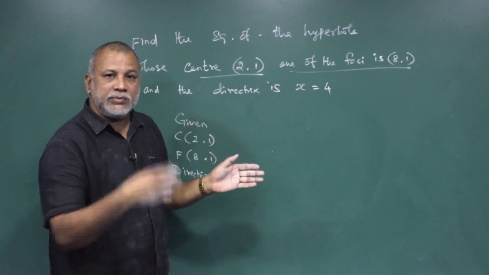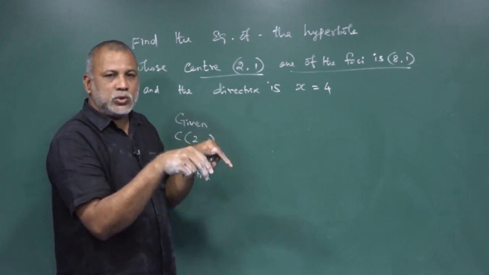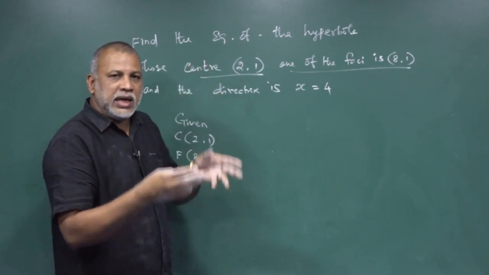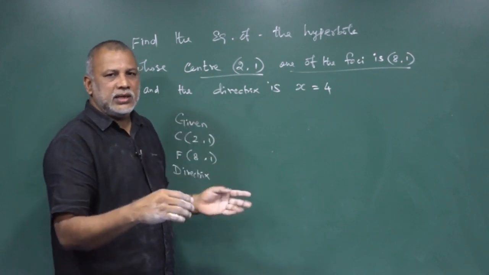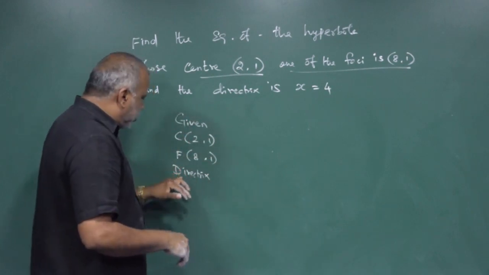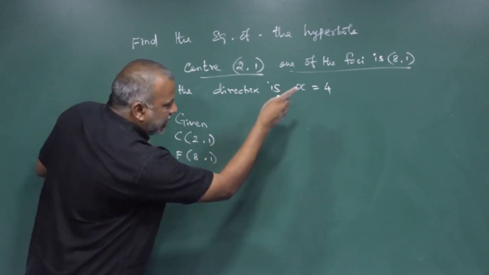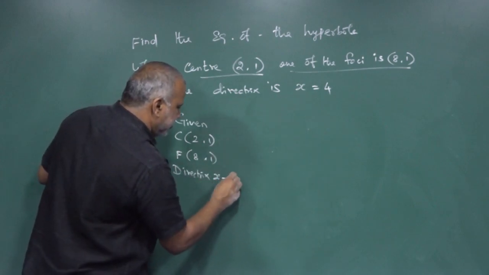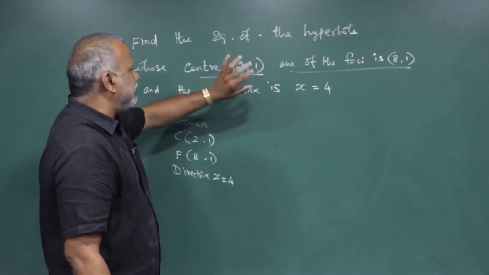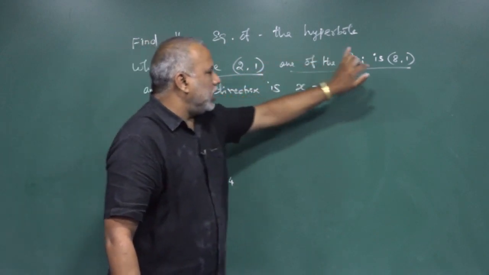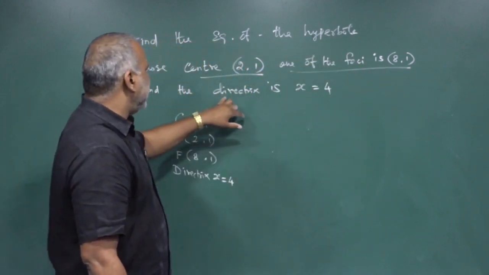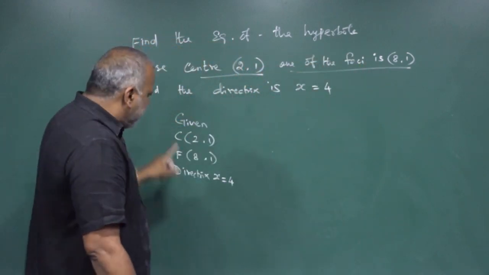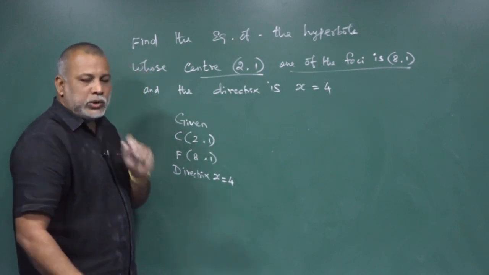Just now we drew the diagram, Z and Z dash, passing through the points. L and L dash are the directrices. It is passing through the points Z and Z dash. So we are having two directrices, but one of the directrices is given. That value is x equal to 4. So from the given question, I am selecting center, one of the foci, and one of the directrices. With the help of this, I am going to draw the diagram.